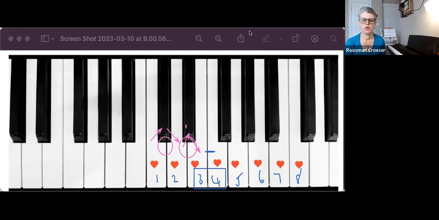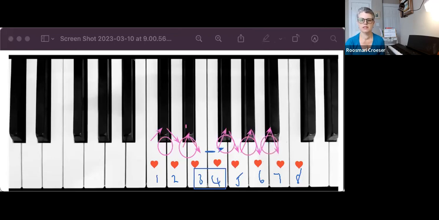Now let's keep going. From 4 to 5, whole step. From 5 to 6, whole step. From 6 to 7, whole step. So let's have a look at that. There's my whole step, there's my whole step, there's my whole step.